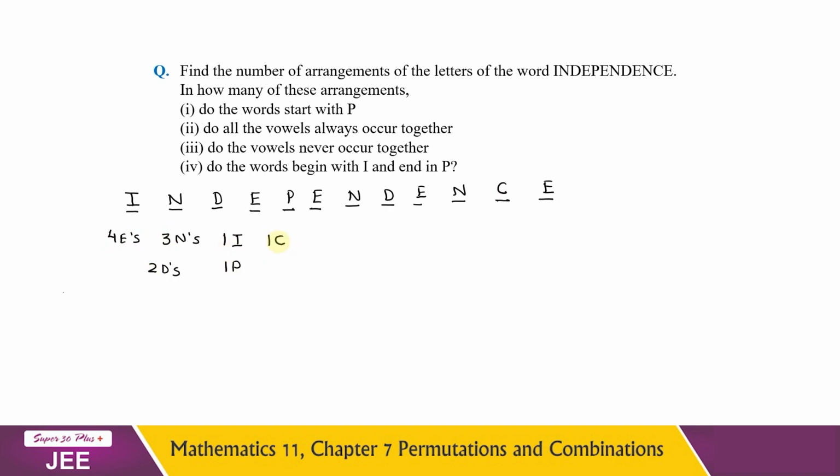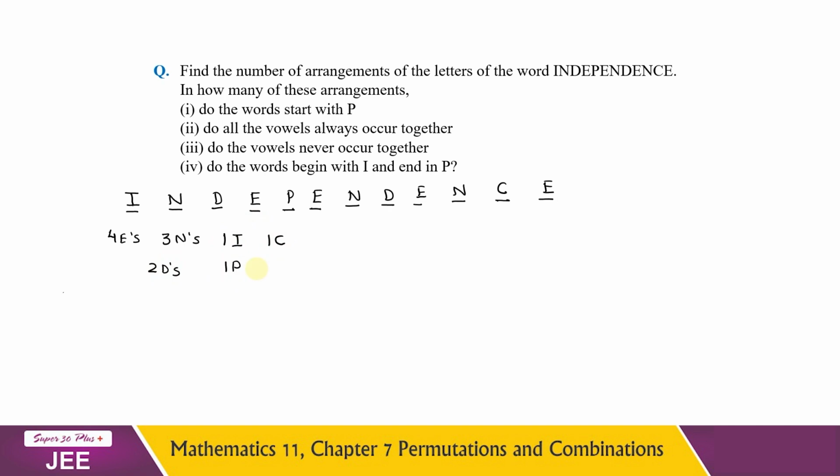There are a total of 12 letters in this word, out of which 4 letters are alike of one kind, 3 letters are alike of another kind, 2 letters are alike of another kind, and the remaining 3 are different. So we have segregated the letters of this word independence.